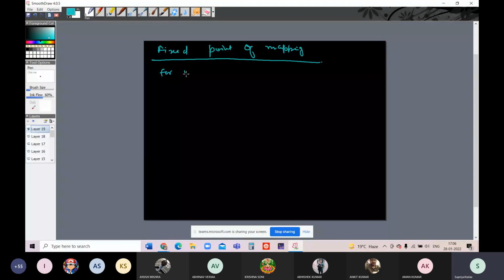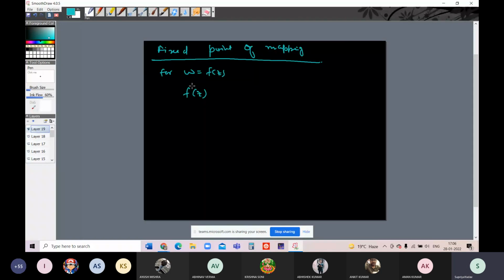Next is the fixed point of a map. Fixed point of a mapping. A point Z is said to be a fixed point under a map. Suppose we are considering a map W = F(Z), and the point Z is called the fixed point or invariant point of the map if the image of Z under this map is Z again.